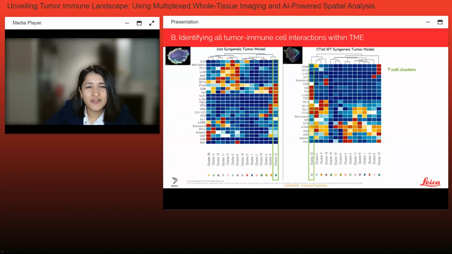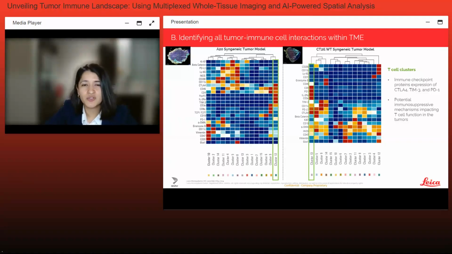And here we see in green T cell clusters showcasing immune checkpoint protein expression of CTLA4, TIM3, PD1, along with markers of regulatory T cells, including FOXP3, IL2RA, which is indicative of potential immunosuppressive mechanisms impacting T cell function in the two tumors shown here.